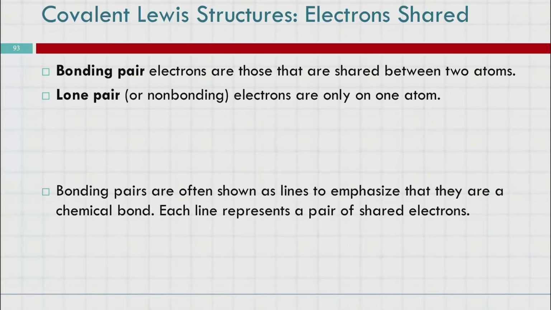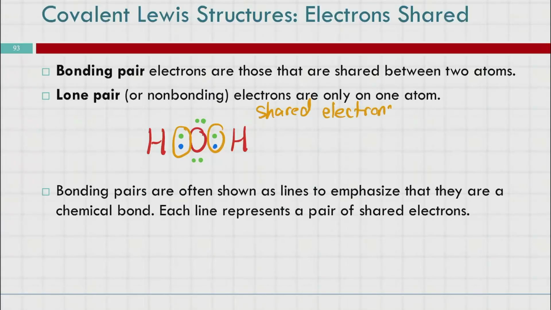We also have multiple types of pairs of electrons. So if we look again at that structure for H2O, we've got some shared electrons. The shared electrons, they're circled in orange. Go Tigers. That's a bonding pair.